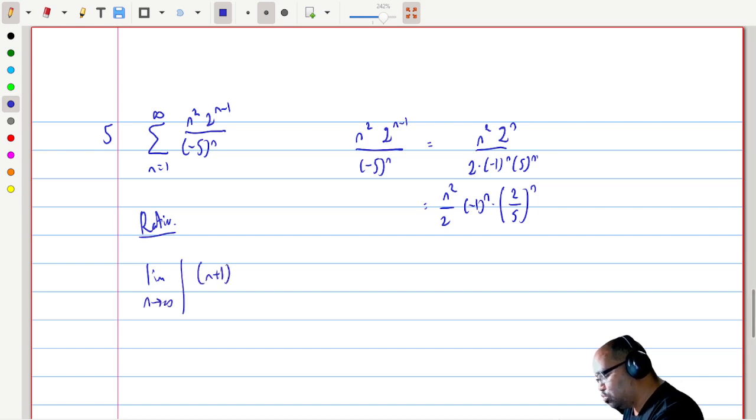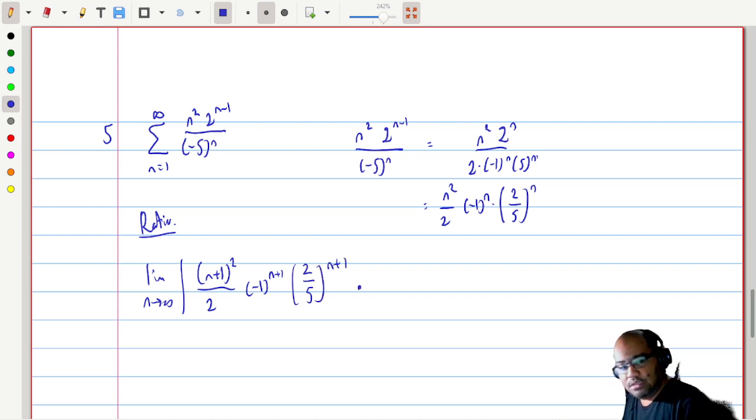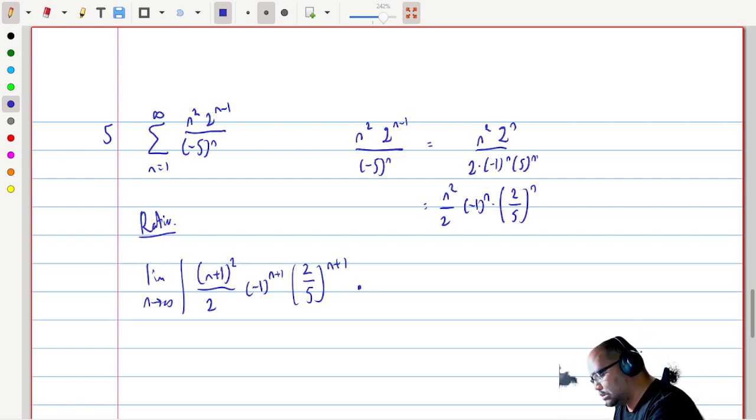So we have n plus 1 squared over 2 times minus 1 to the n plus 1 times 2 over 5 to the n plus 1. And then times the reciprocal. I should be a little careful here, let me write it like this instead.